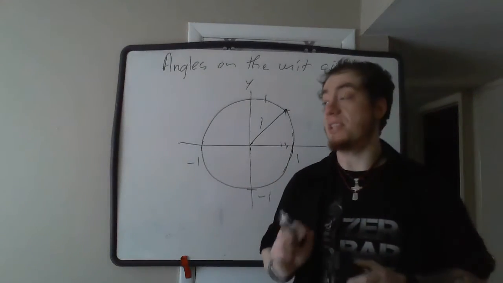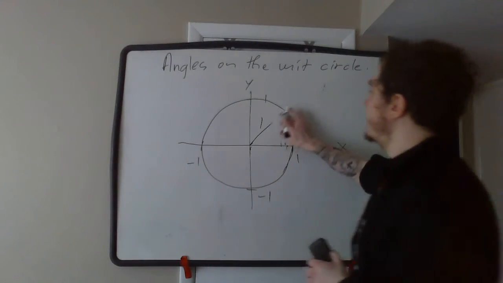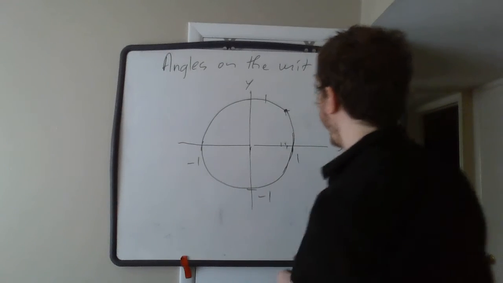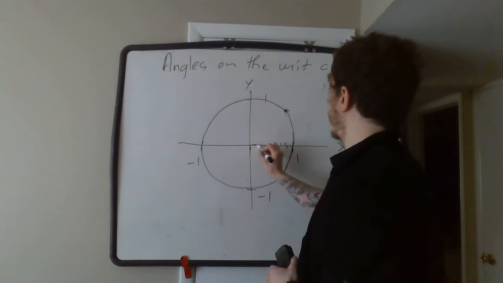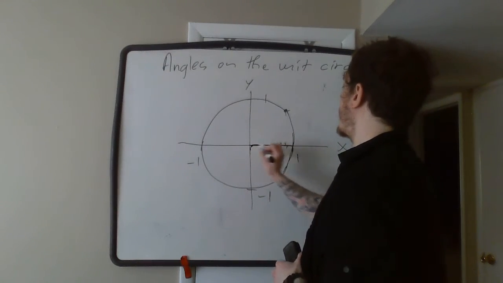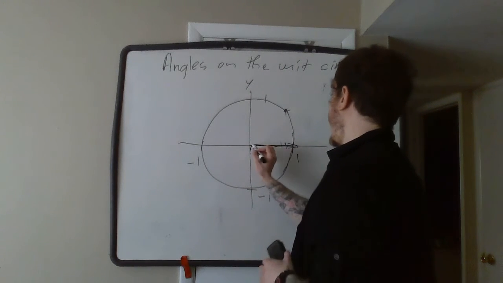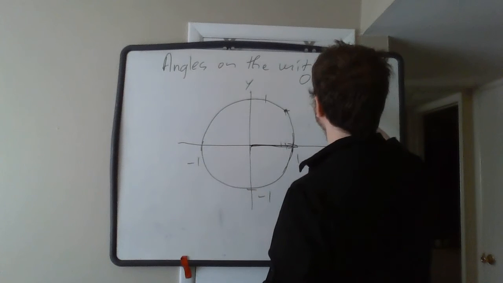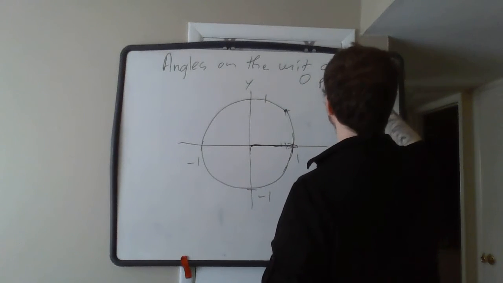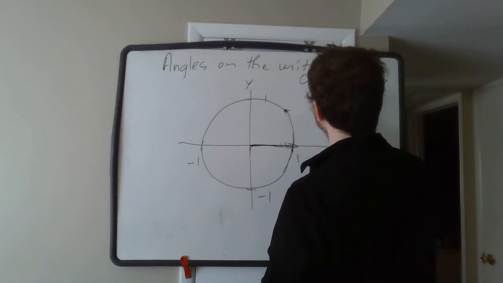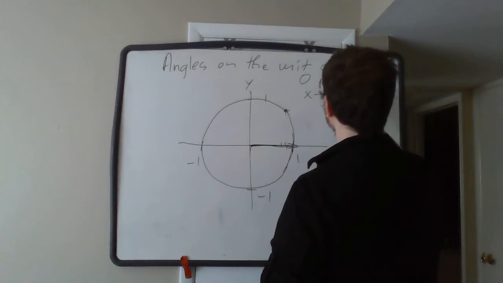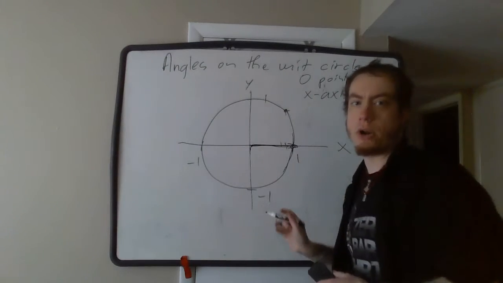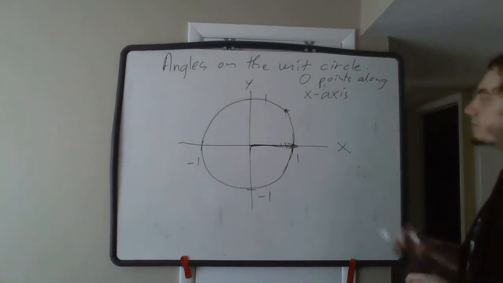So how do we think about these angles? Well, the answer is that an angle of 0 is going to be an angle that points to the right and just goes along the x-axis. So 0 points along the x-axis. This is sort of our starting point on the circle.